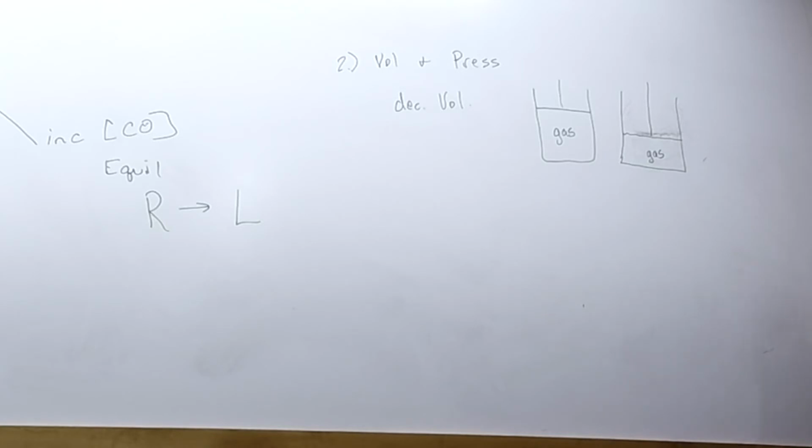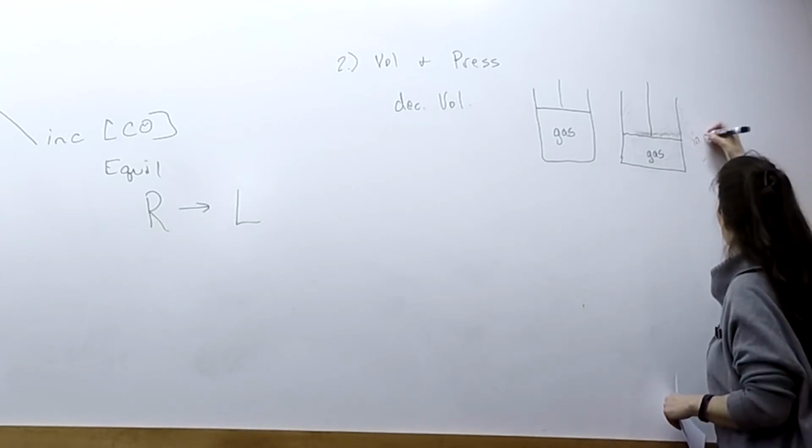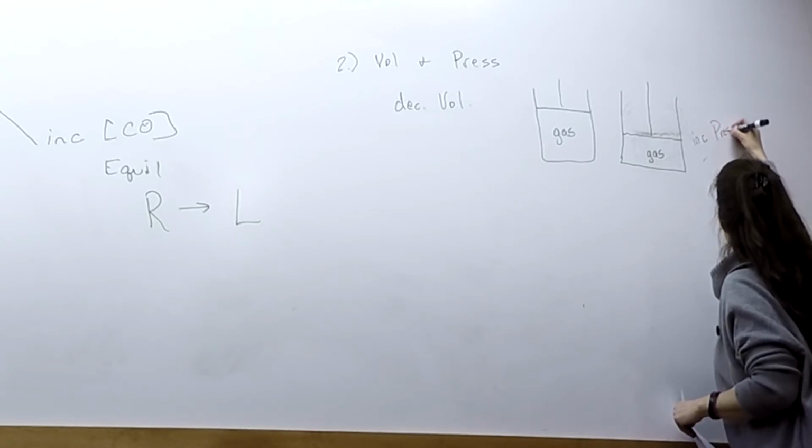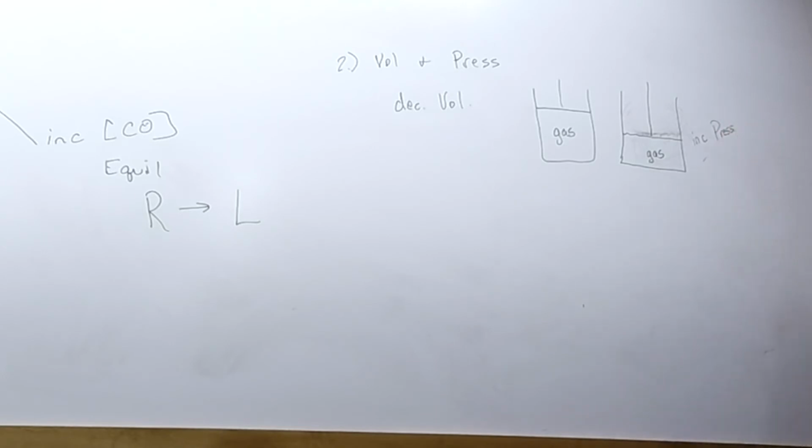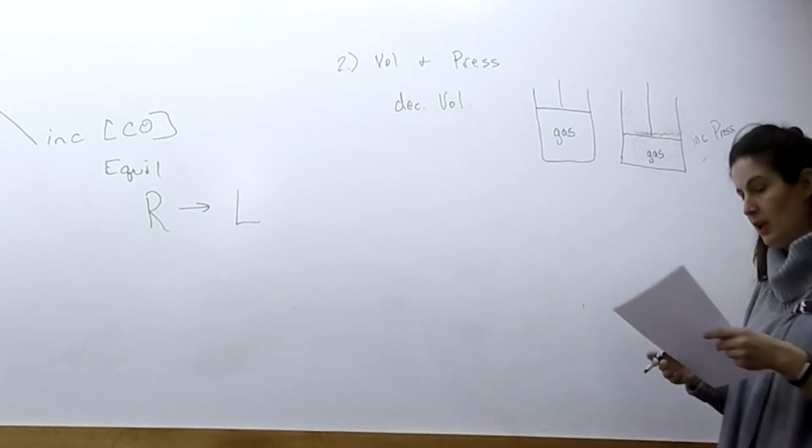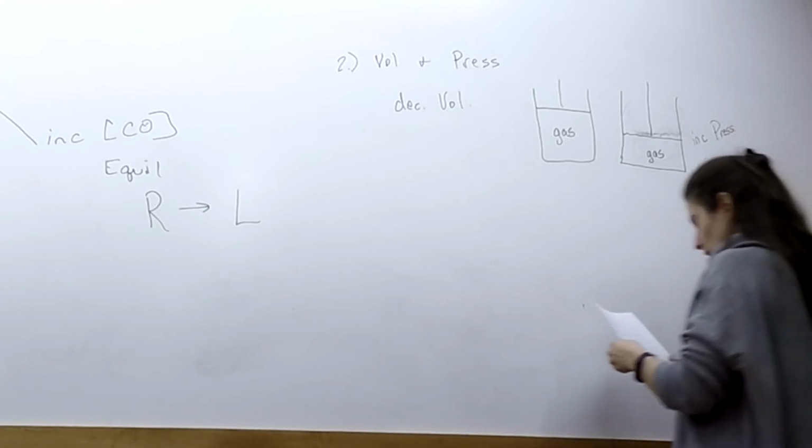When we decrease the volume, we're increasing our pressure. Okay? More gas in a smaller space, more collisions, higher pressure. Okay, so this is what we're going to have. So we have a gas here.